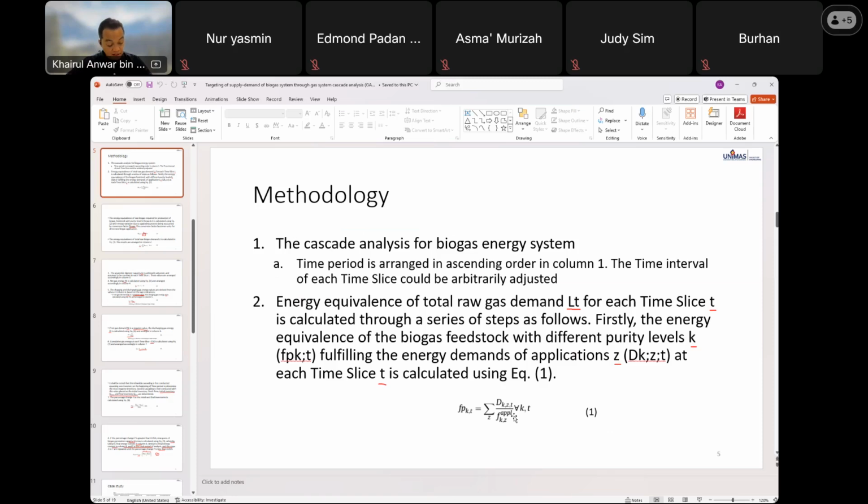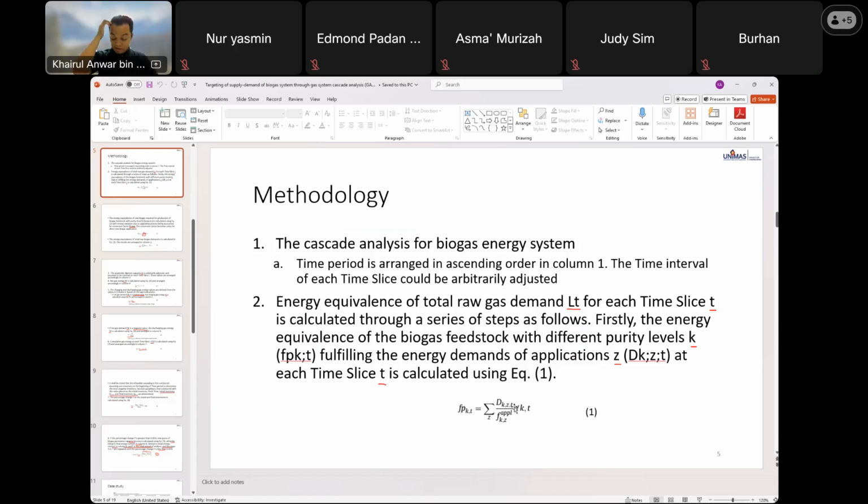So FAPPL here refers to the loss factor coming from table 2. How about DZKT? DZKT is a demand, so the demand coming from table 3.